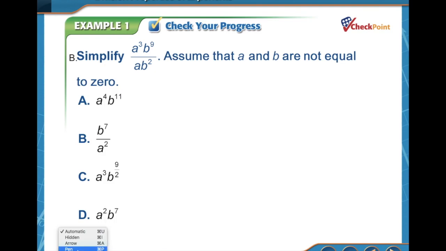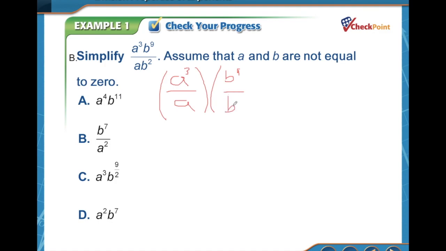Let's first group all these things by common bases. So we have a to the 3rd over 1a. And then we also have our b's. So we have b to the 9th over b squared. So if all of that is true, we can now go ahead and subtract our powers.